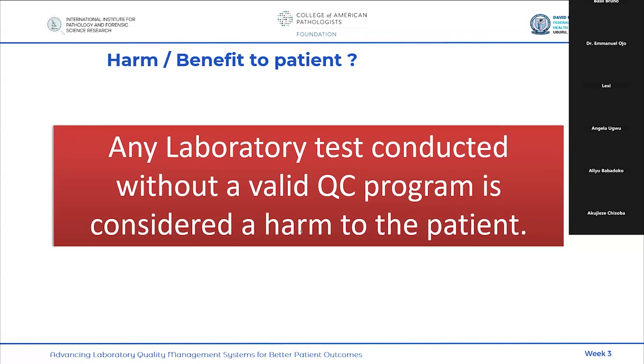And the way I put it here is that any laboratory test that is conducted without a valid quality control program is considered a harm to the patient. So if you had the opportunity to go through the ISO 15189:2022 standard, everything is about the patients.